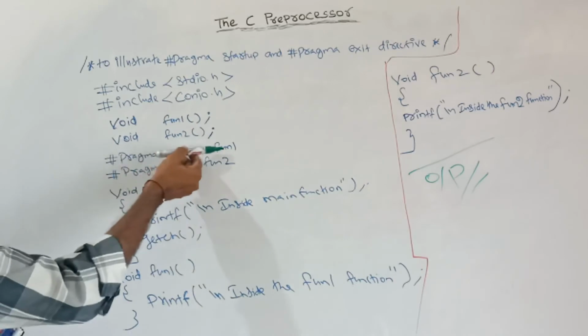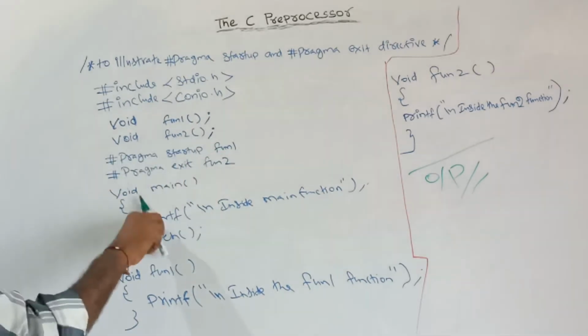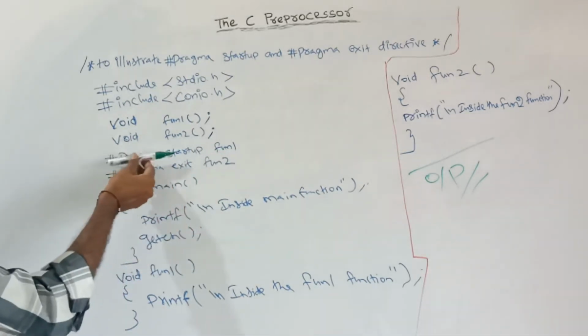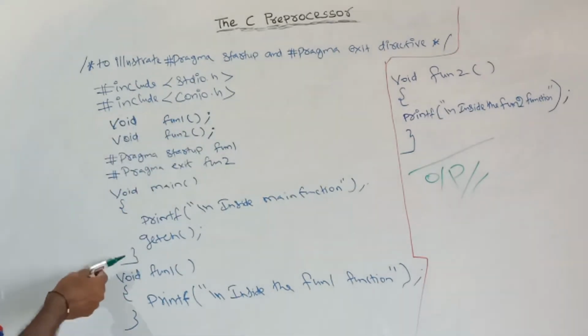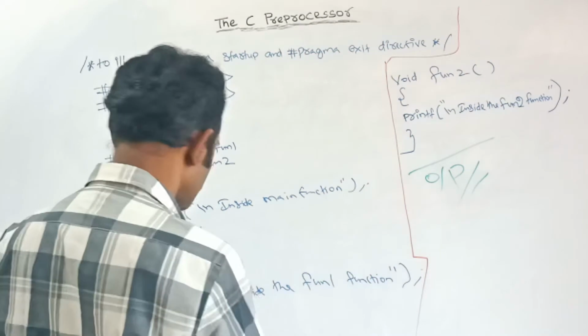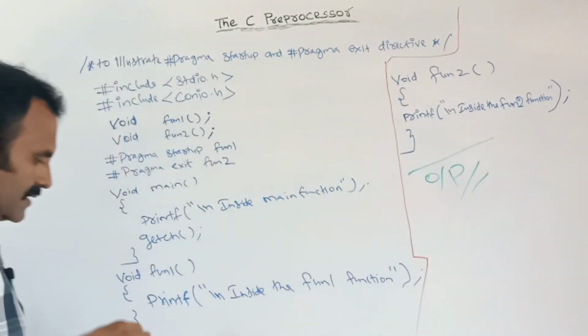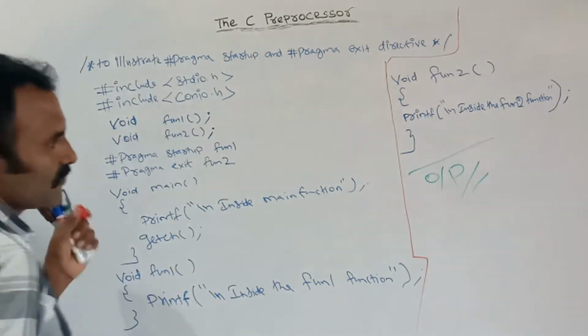Here I have mentioned fun1. So before the main function, the controller will go to the function I have declared here, fun1. So the very first output displayed will be the message inside fun1.